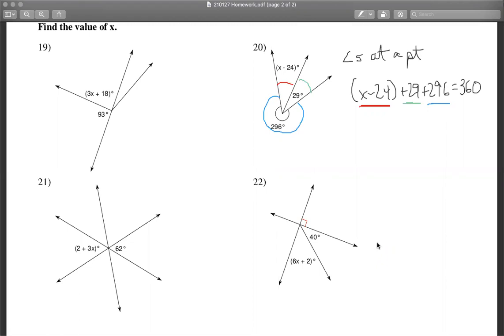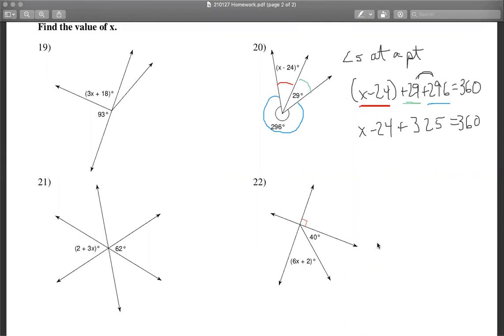I'll first of all combine these 2 number terms. So when I add that together, I'm going to get 325. I can even do this: x minus 24 plus 325 equals 360. I just have to drop the parentheses for that.